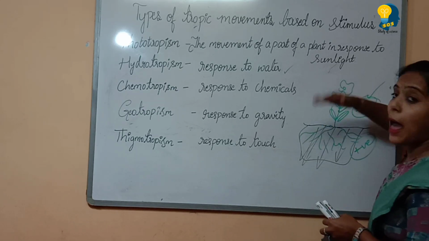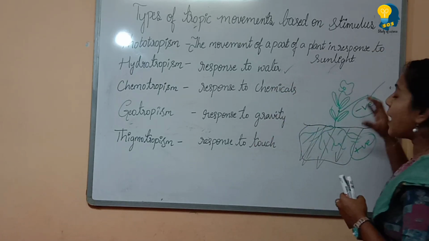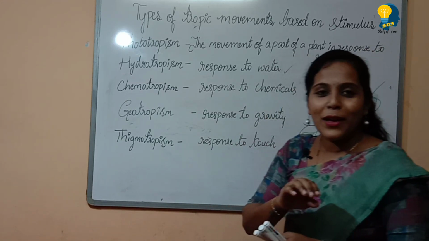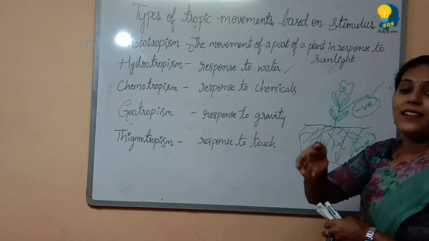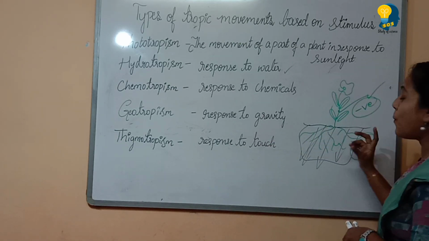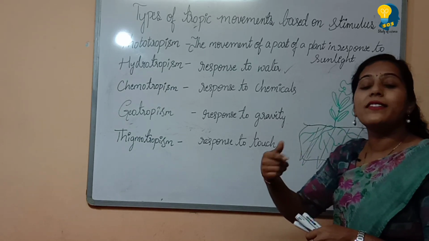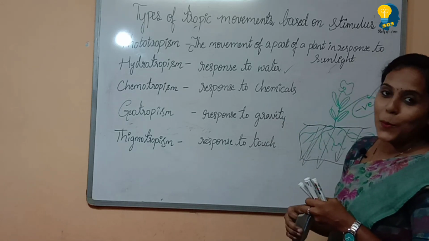The stem grows above the ground. So you have understood positive hydrotropism as well as negative hydrotropism. Positive means the roots show positive growth towards the water. The stem grows above the ground, so it shows negative hydrotropism.